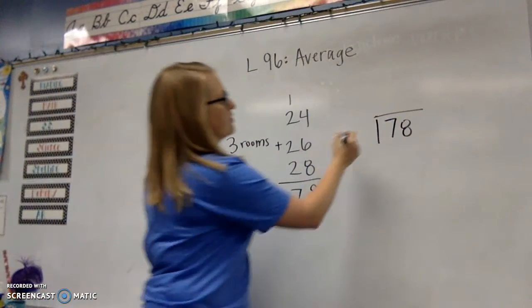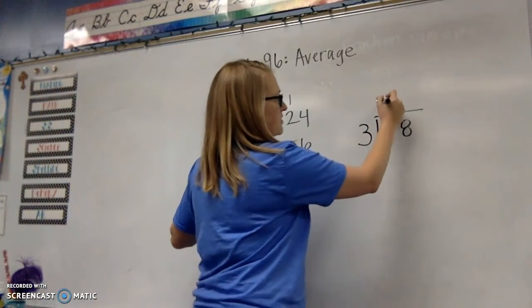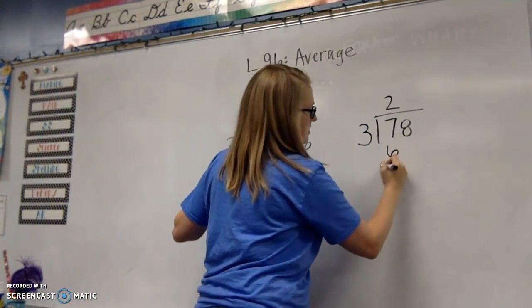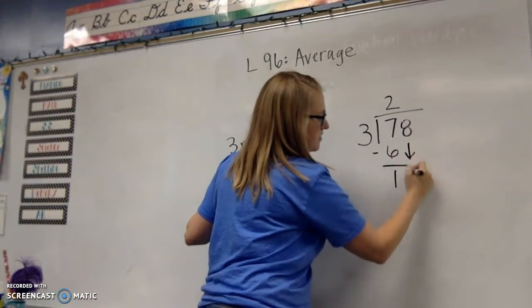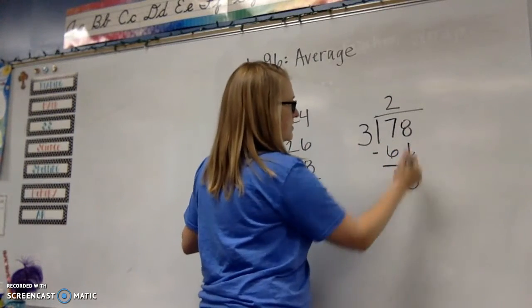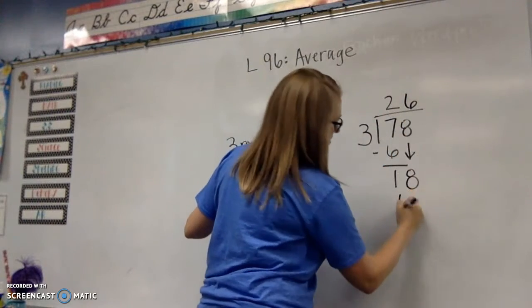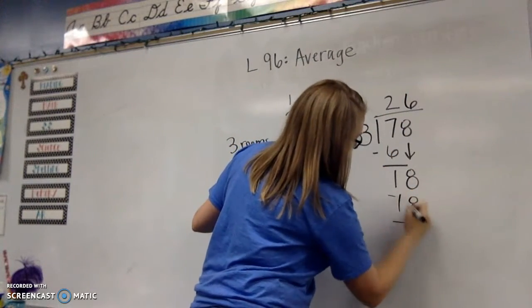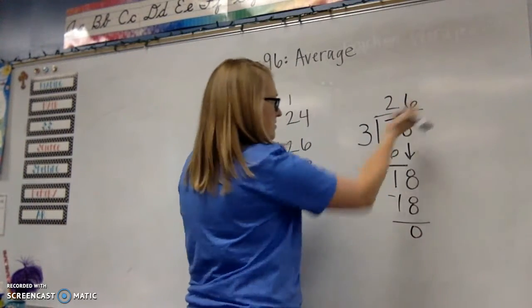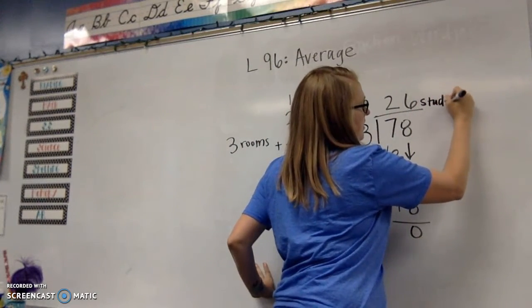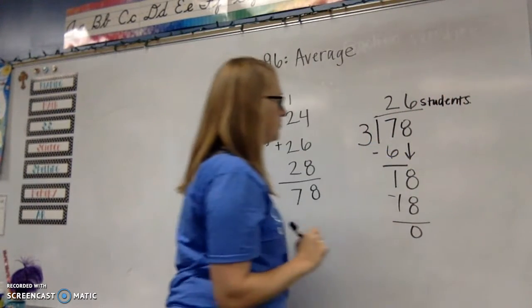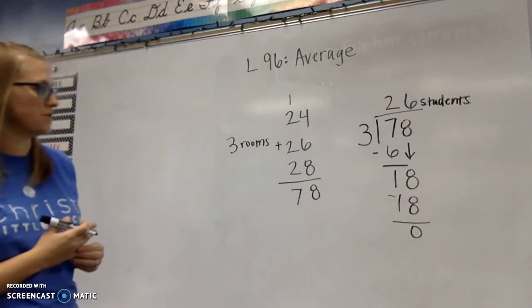We have 3 rooms. 3 can go into 7 twice. 7 minus 6 is 1. We're going to bring down our 8. 3 can go into 18 6 times. There's nothing left to bring down, so we know that 26 students is my answer, if all of the classrooms had the same.